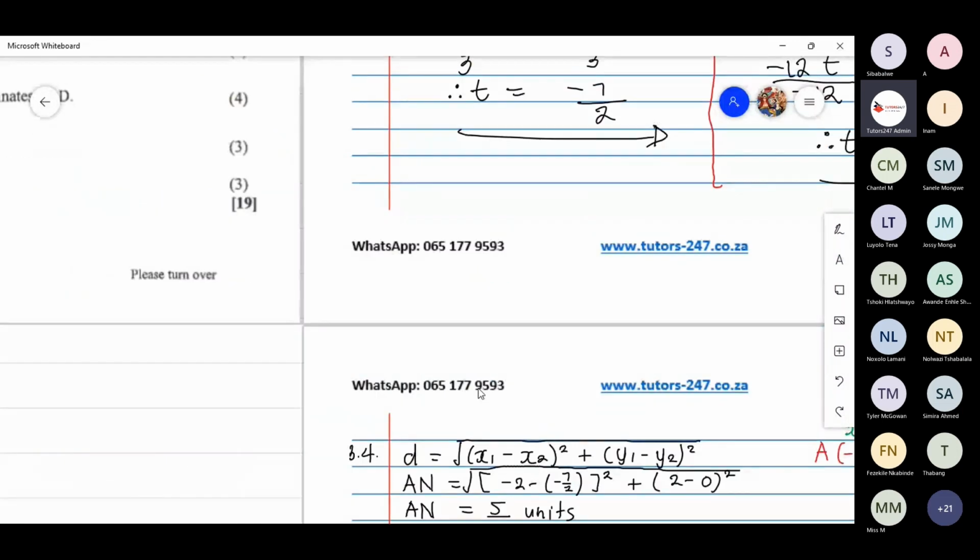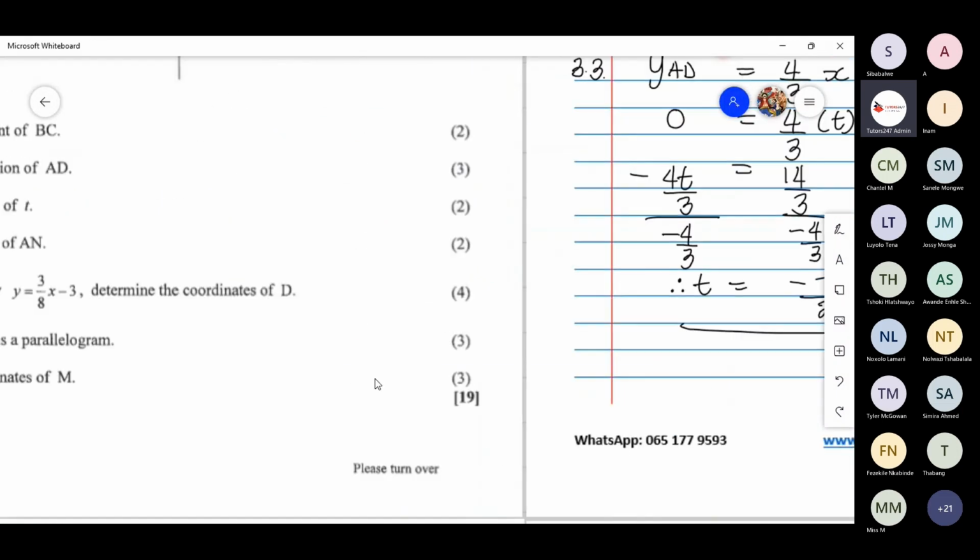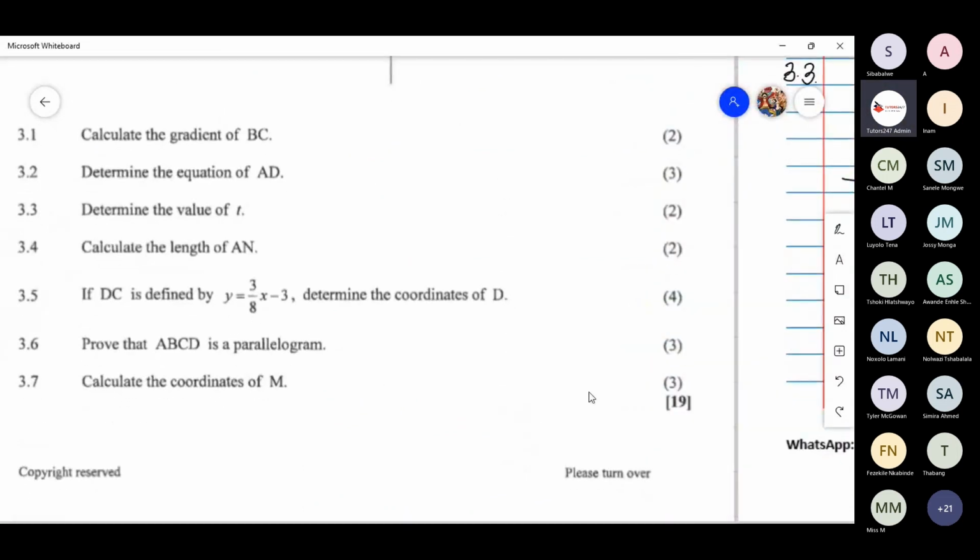Okay, so let us move on to question 3.5. So we have question 3.5 that states, if DC is defined by y equals 3 over 8x minus 3, determine the coordinates of D. So we are now given an equation for DC.